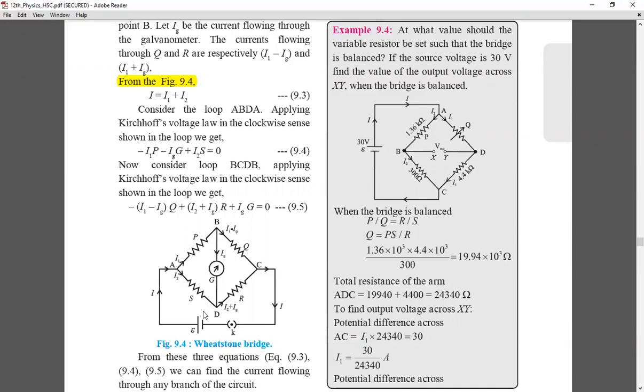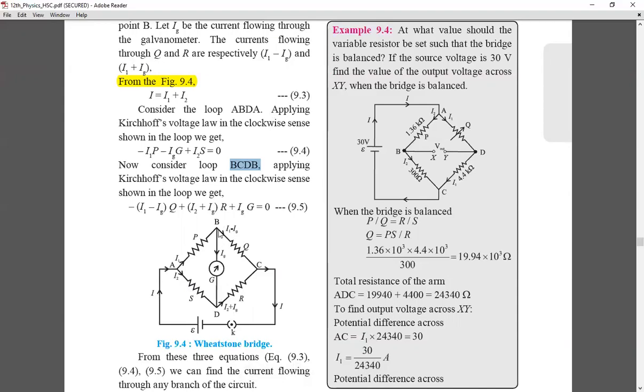Current I2 moves from A to D, high to low potential, but our tracing is D to A, from negative potential towards high potential. Whenever you go from negative to positive, the potential is positive, hence the equation: minus I1P minus IgG plus I2S equals 0. Next, Kirchhoff's voltage law for the loop BCDB.